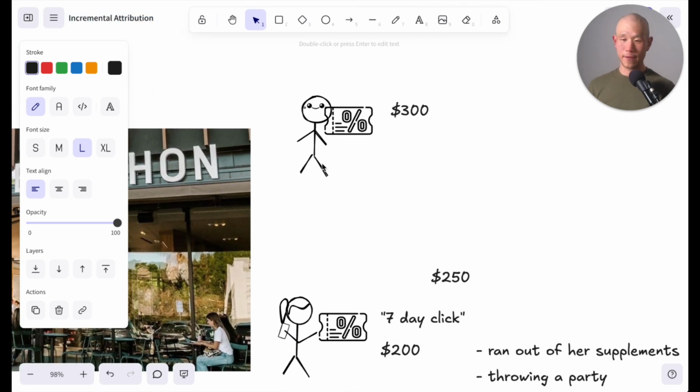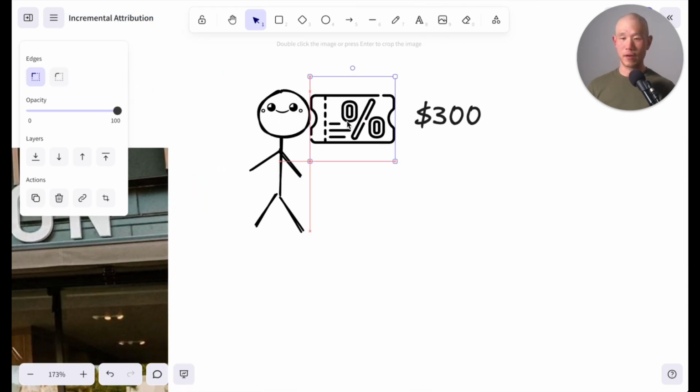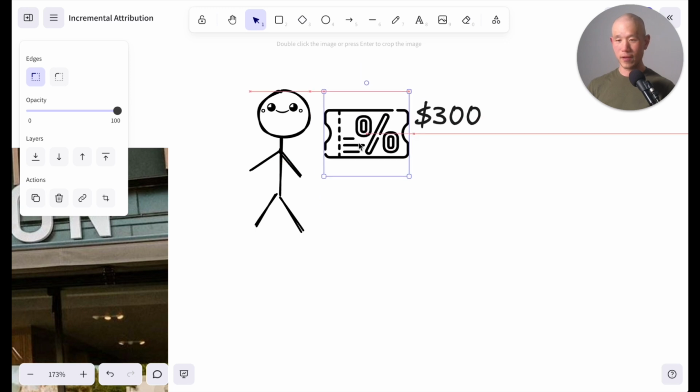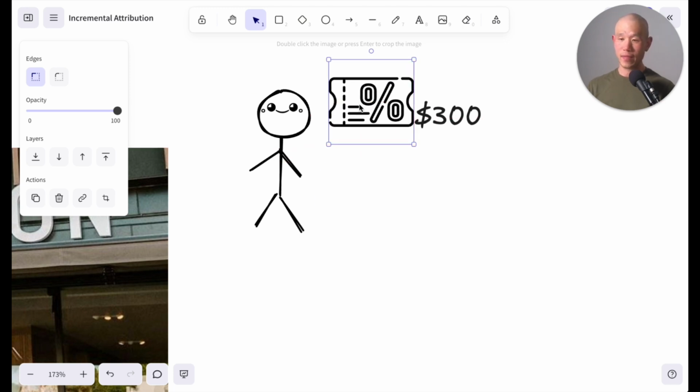But again, there is that nuance of, if they were on their way to the store to spend all that money anyway, how causative is this coupon and the interaction that you had with them in driving their decision to make a transaction with the store?